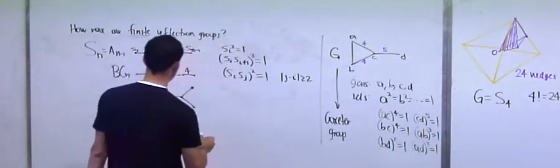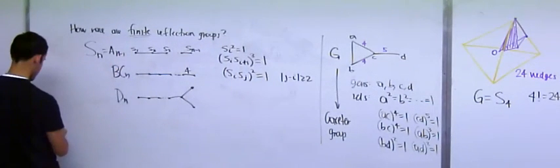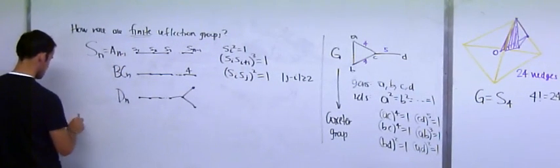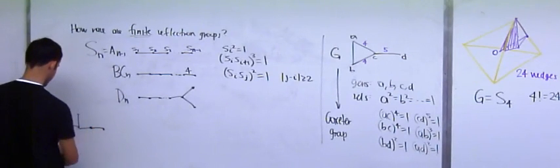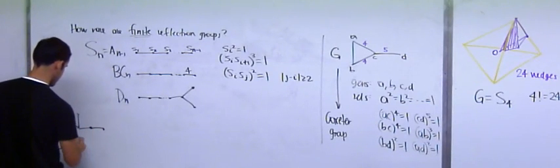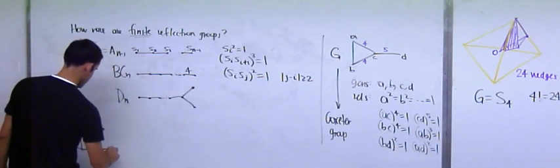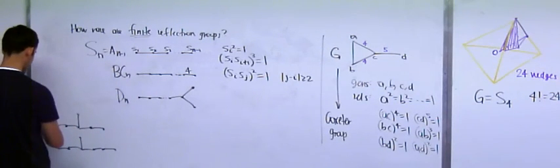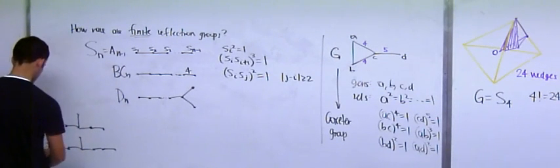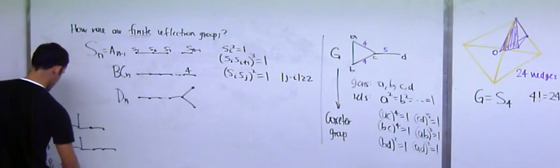And the other ones are this one, this one. This is called E6. This is called E7. This is called E8.